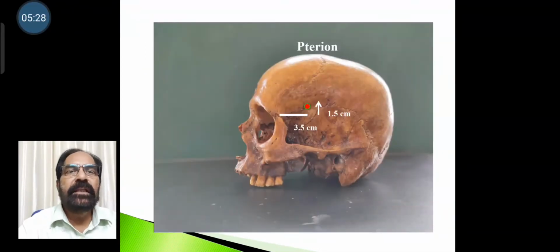So you can see that is frontozygomatic suture, 3.5 centimeters behind and 1.5 centimeters above, that represents pterion.